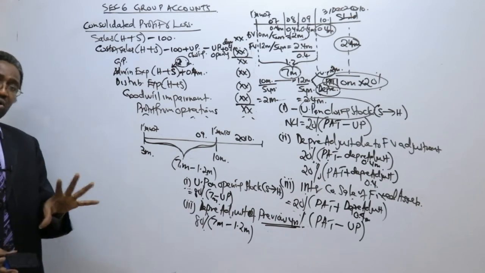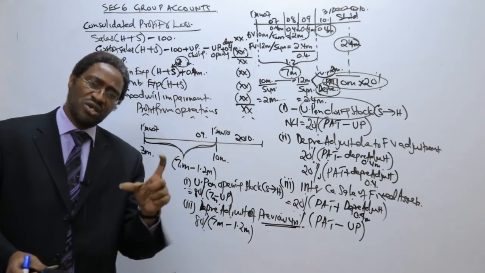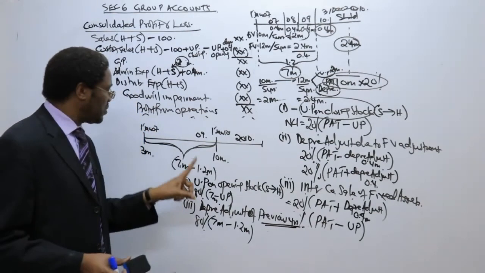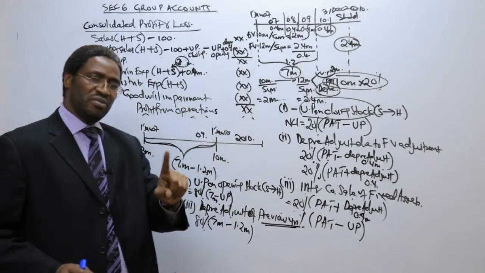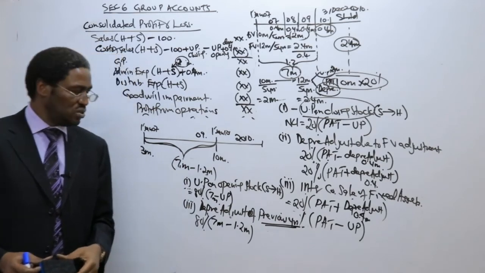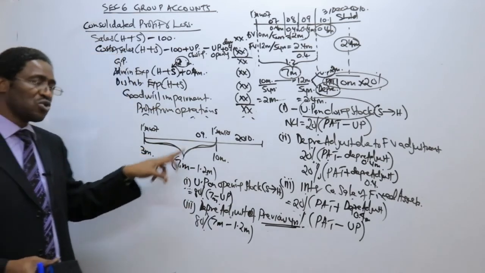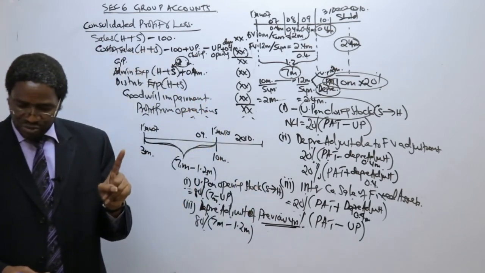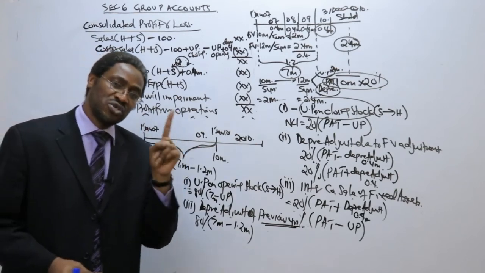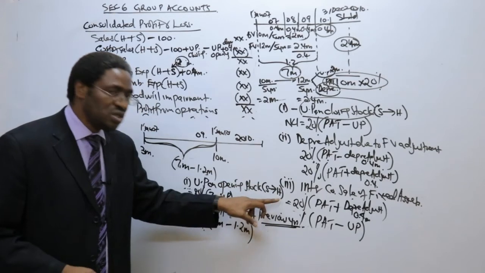So we have come across two things that could make you not just take 80% of the 7 million, as much as we conclude 7 million is a post brought down. Yes, one is when there's an element of unrealized profit on opening stock, and it is the subsidiary that sold the goods to the holding company.